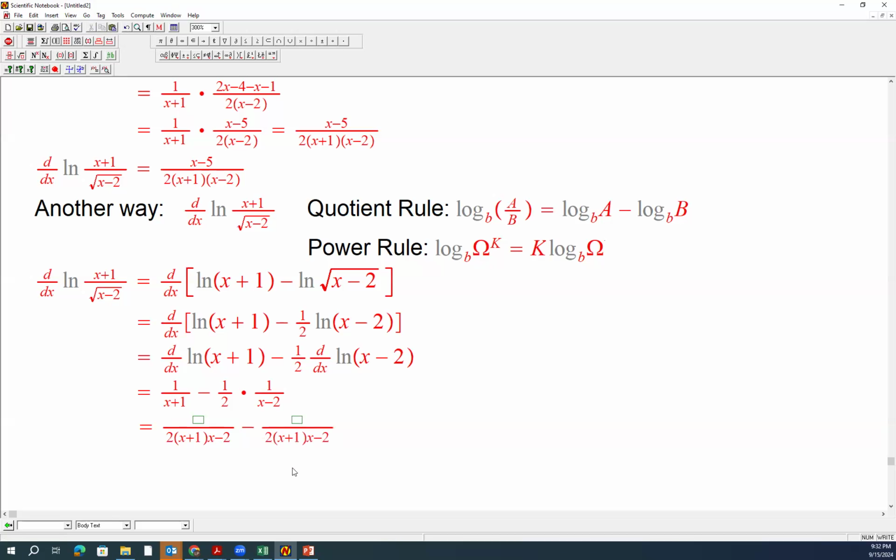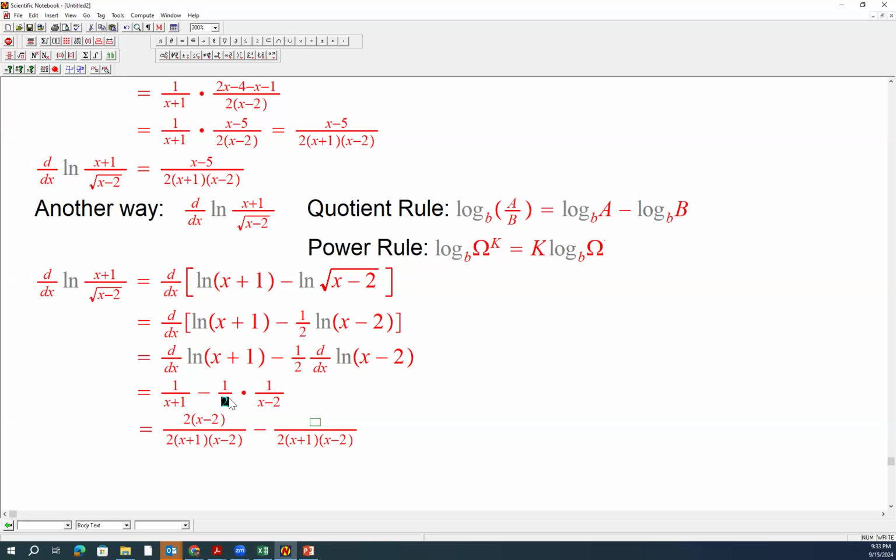We're going to make them the same common denominator. From here to there, we have multiplied 2 times (x minus 2). So this is going to be 2 times (x minus 2). Boom.